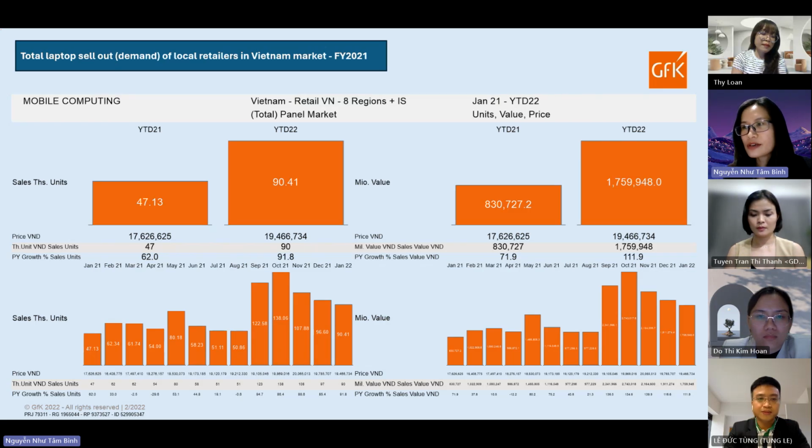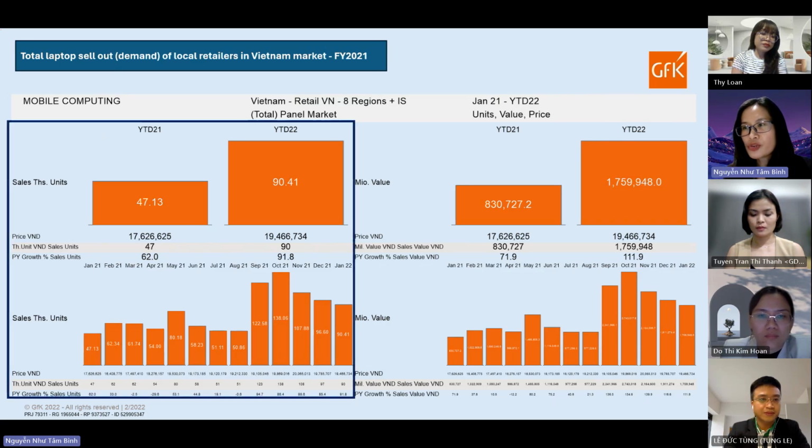These are charts and figures of laptops sold by those Vietnamese retailers during 2021, in which we will analyze the numbers in year-to-date sales units, monthly sales units, and previous year growth ratio in sales units to see how the demand curve was and shifted during the year. And one point here is that the price for analyzing the demand curve is the average price per unit that retailers sell to the end user.